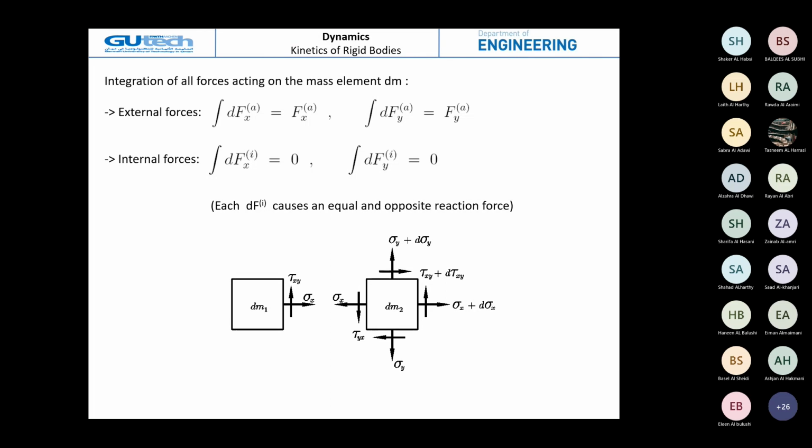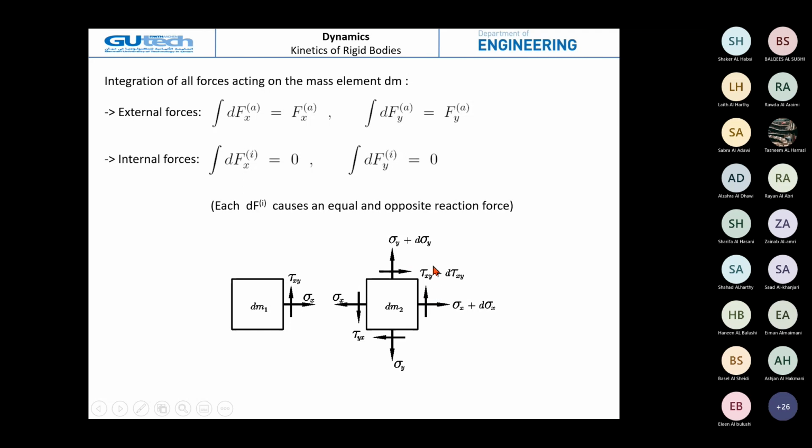This will cause d sigma x in the normal direction, and also in the shear direction, the shear stress d tau.